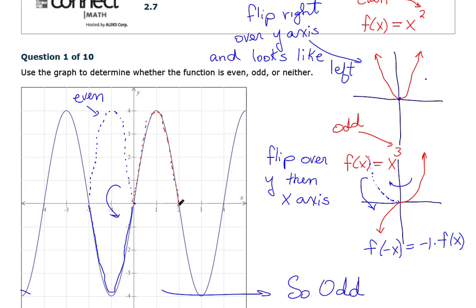And the question is, if I take this little part that I have in red and if I fold that over the y-axis, if it were even, it would look like that. But ours doesn't. But if you take this piece then and flip it down, it would match up exactly with that part. So therefore, this function is an odd function.